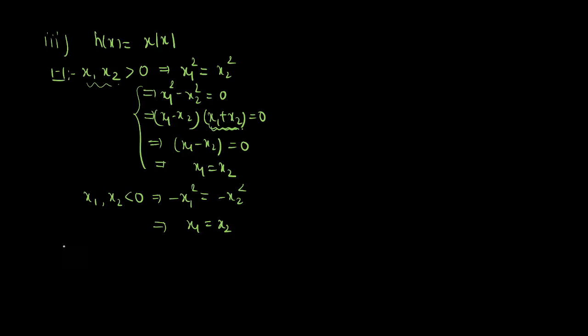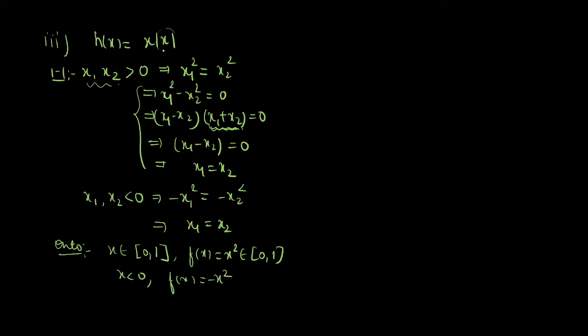Okay, so for this to be onto, now for x belongs to 0 to 1, because we have elements between minus 1 to 1. So if x lies between 0 to 1, f(x) will be x square, and this also lies between 0 to 1. But suppose I am taking a value which is less than 0. For negative values also, the function is x square, but it will be minus x square because mod x will be negative now.